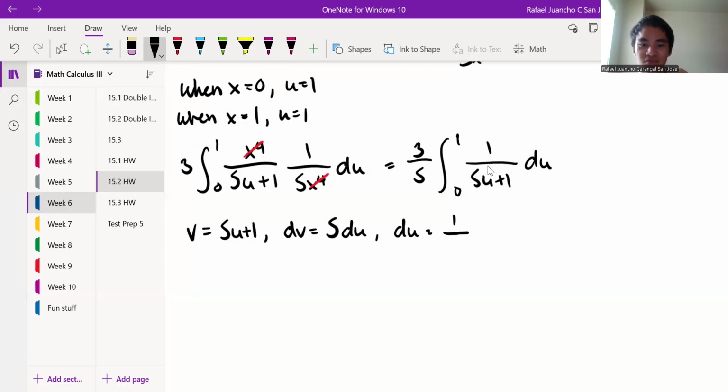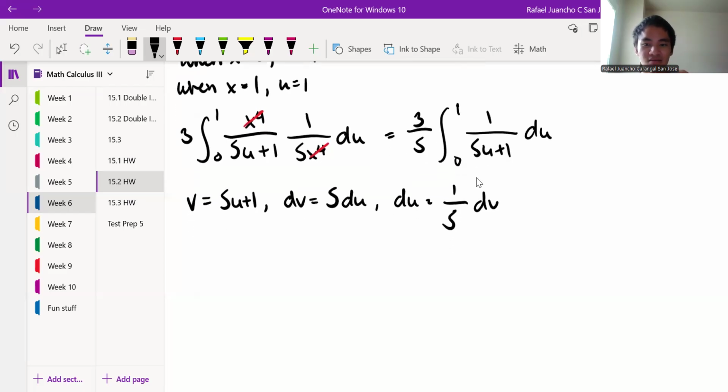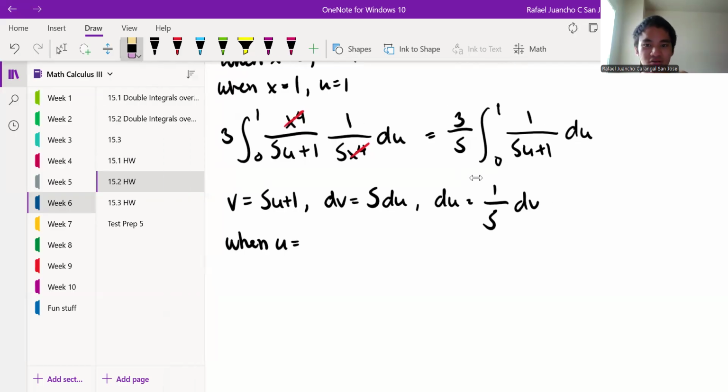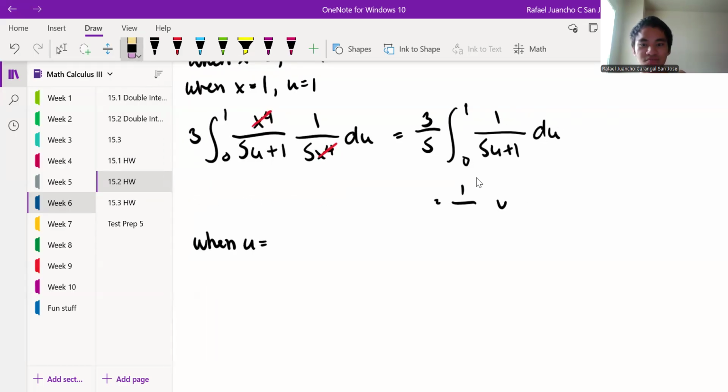Du here gives me 1 over 5 dv. And then when my, this is where it becomes different. So when my u is just, actually, do I need to? Or could I just straight up integrate this whole thing? I think I could just straight up integrate. I don't need too much u sub. I'm just gonna straight up integrate this thing.